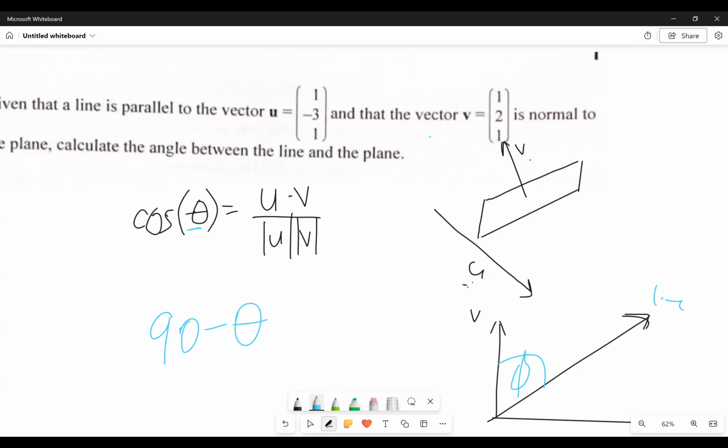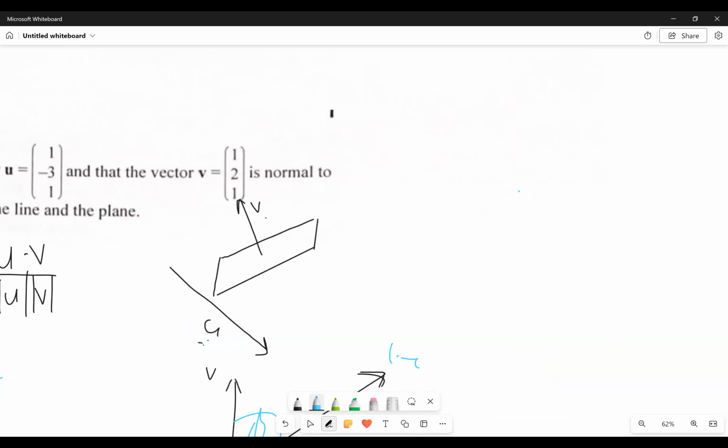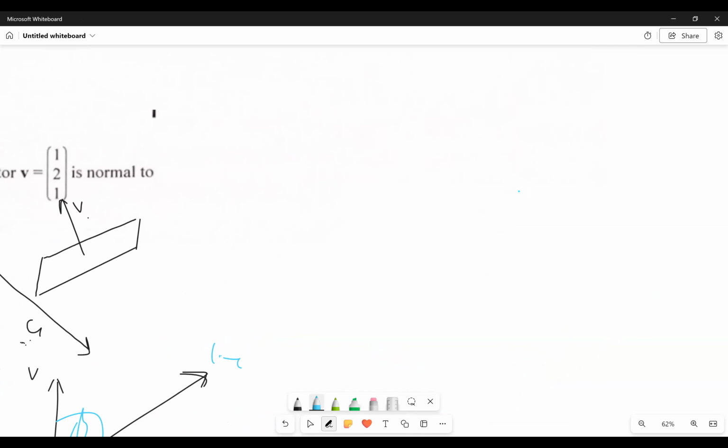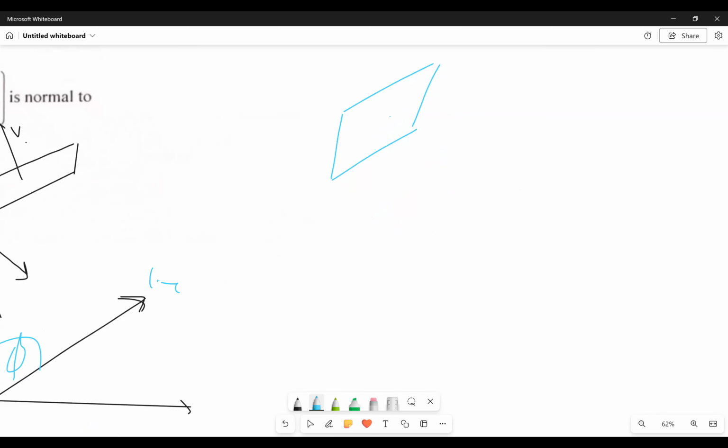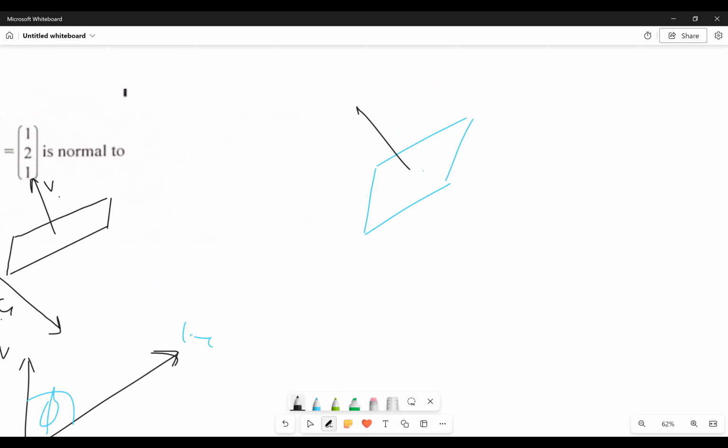Okay, if that's the case, then we're going to go over here. We're going to have a plane. The plane is in 3 dimensions, so this is a 3-dimensional drawing. Now let me see if I can do it better. The 3-dimensional drawing is this, right? And so the normal is 90 degrees to the plane, which means the normal is like this. Cool. Normal to the plane.